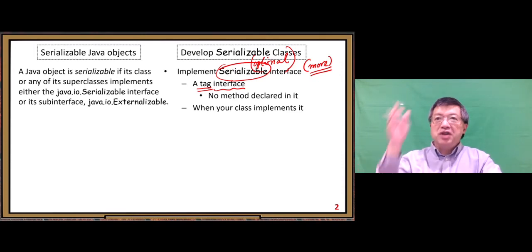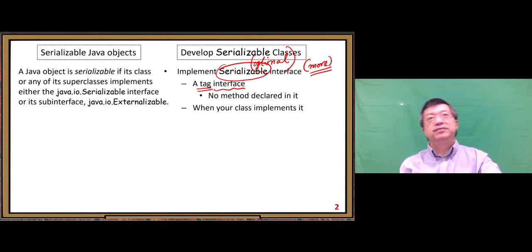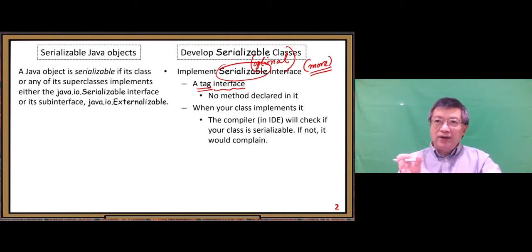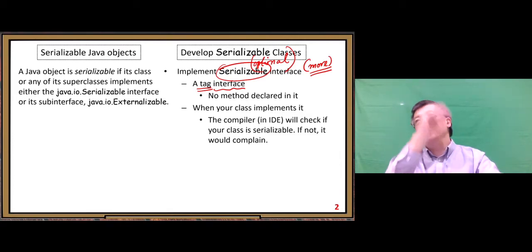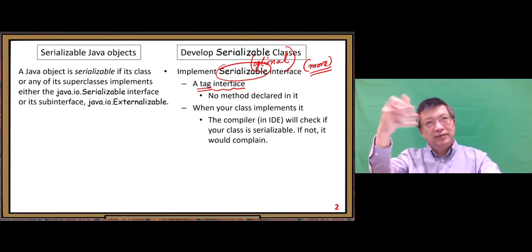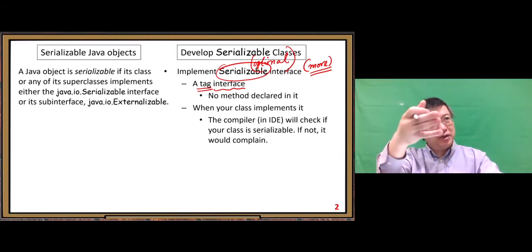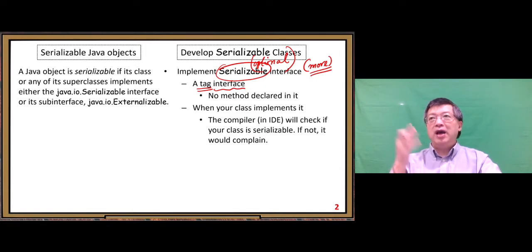When your class implements it, the consequence is this. The compiler in the IDE, in Eclipse, does the compilation automatically. You do not see it, you do not notice it, but it happens behind the scenes.